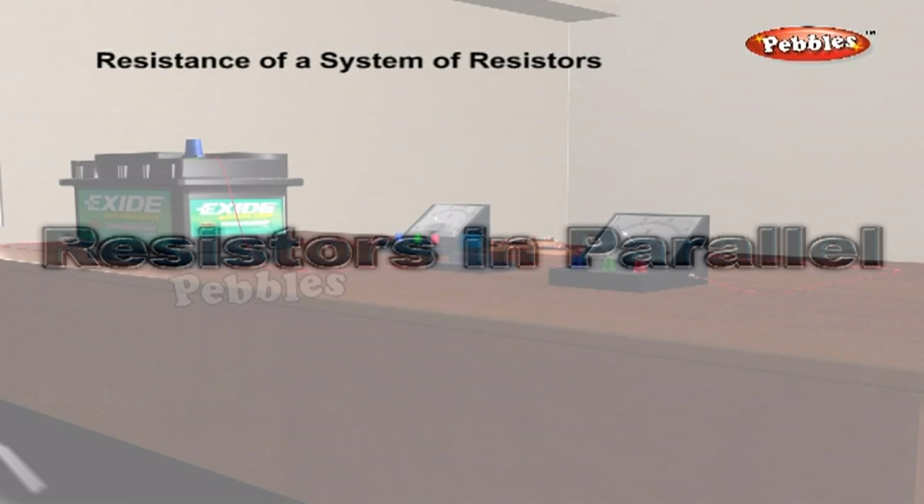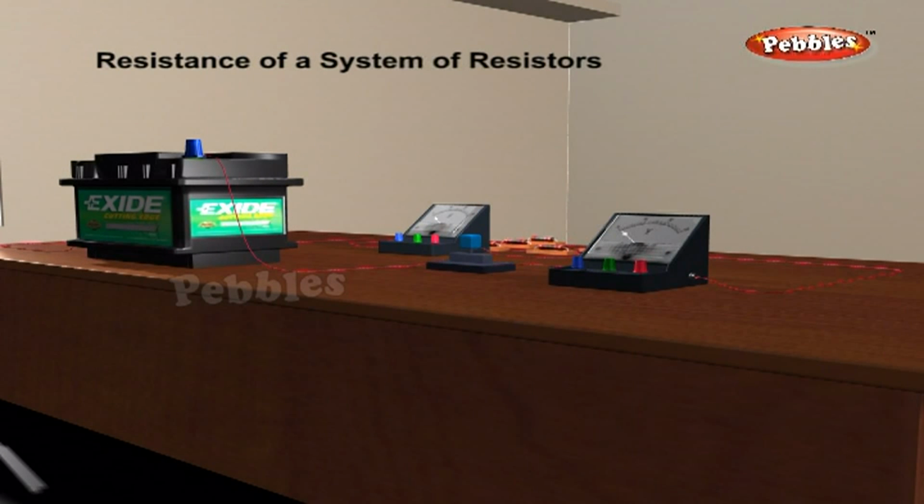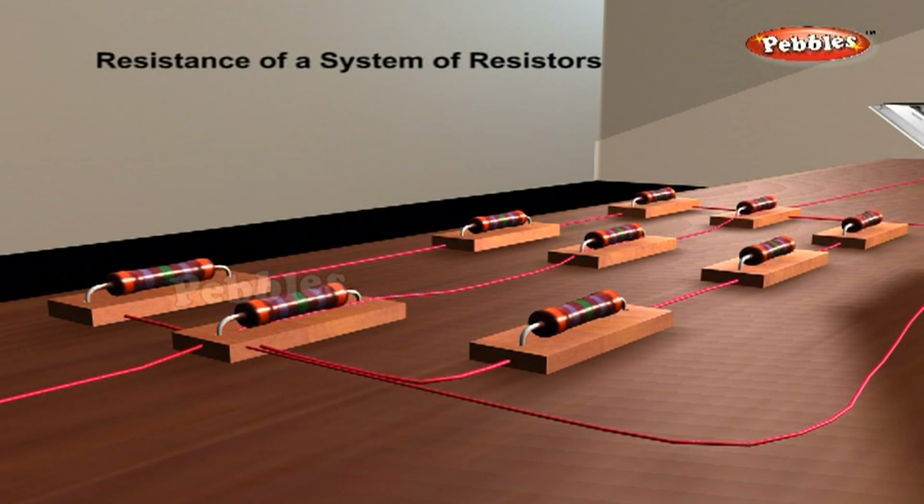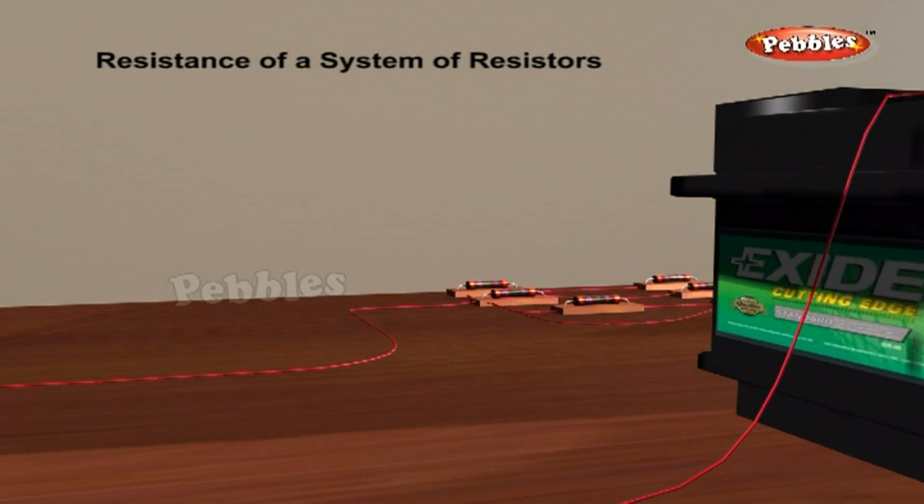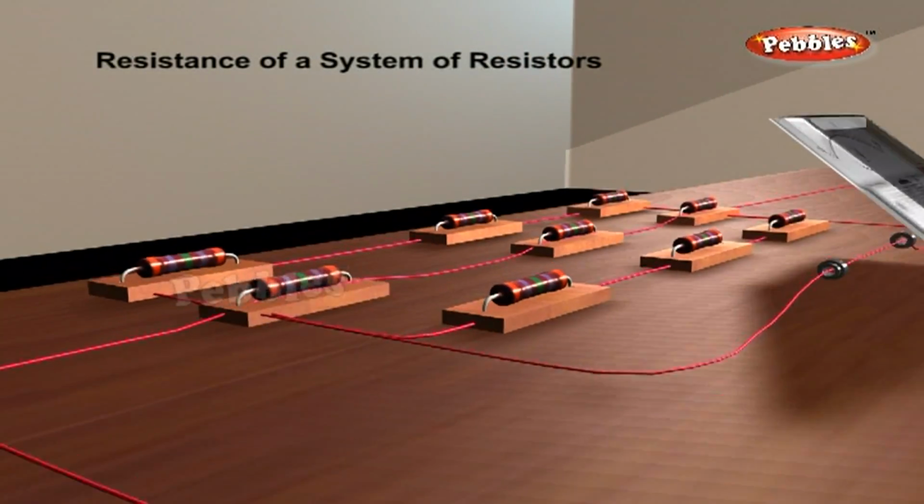Resistors in parallel. Now let us consider the arrangement of three resistors joined in parallel with a combination of cells. Activity. Make a parallel combination XY of three resistors having resistances R1, R2 and R3 respectively. Connect it with a battery, a plug key and an ammeter.